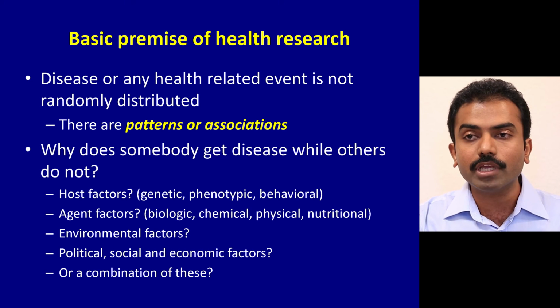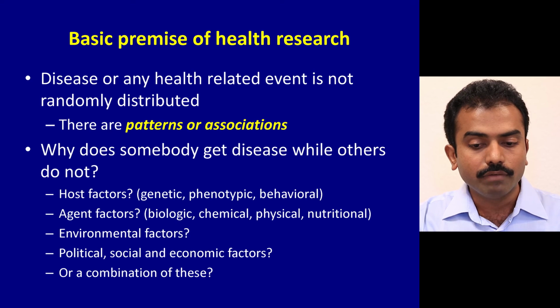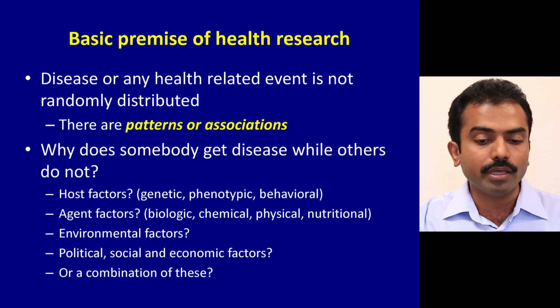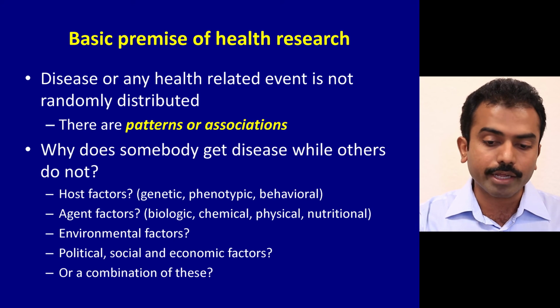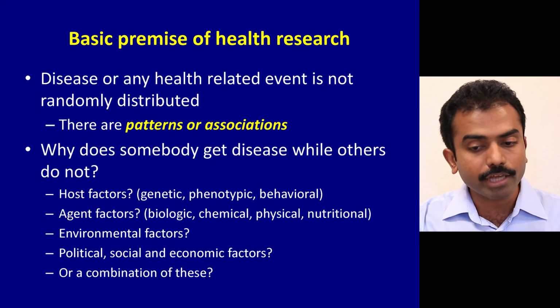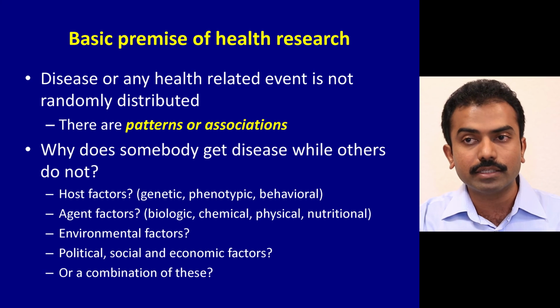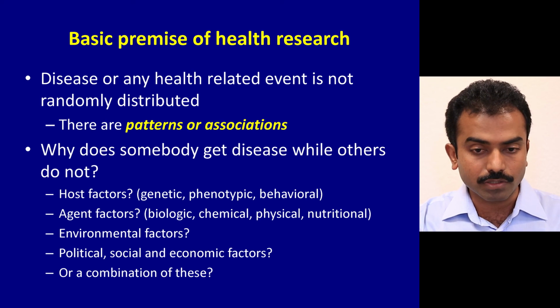Or maybe they are living in environmental conditions which are not conducive for health. Or there could be political turmoil or social factors or economic factors, or a combination of several of these, which ultimately makes a person more at risk of getting disease as compared to those who are not exposed to these things.